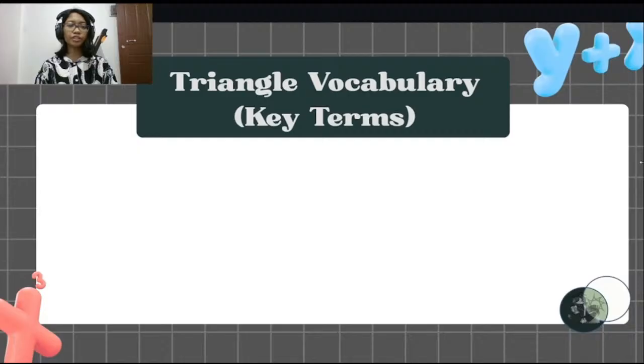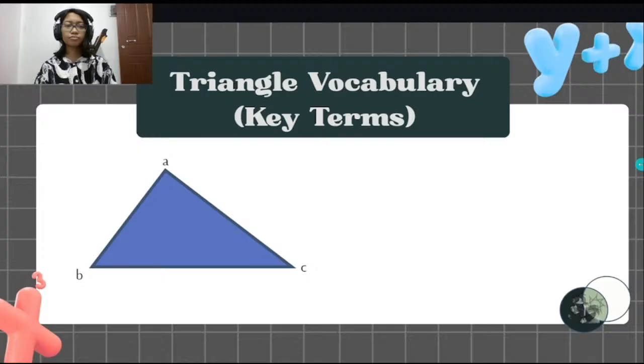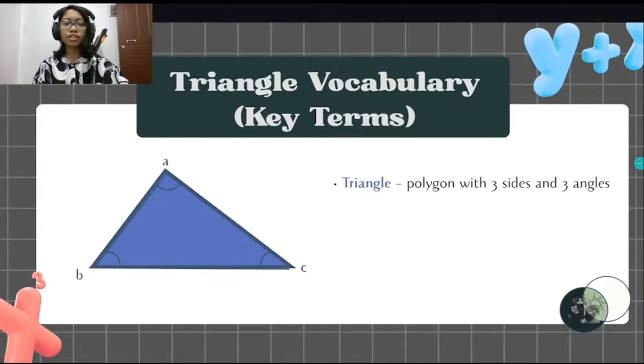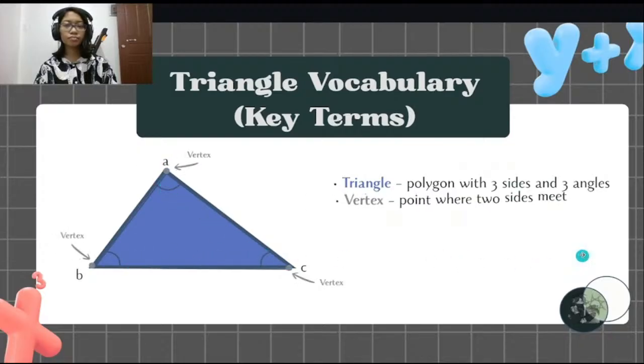Before we go further, let's review the basic vocabulary. A triangle is a polygon with 3 sides and 3 angles. A vertex is a point where two sides meet.